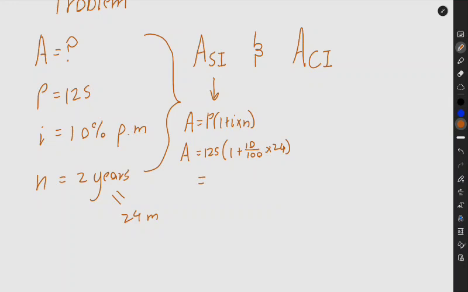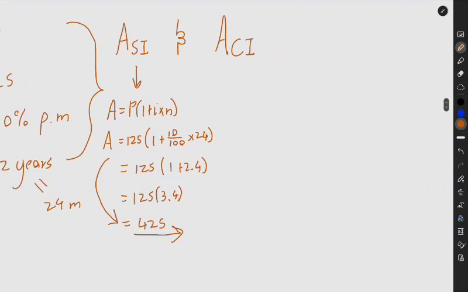That would give us an answer of 125 times bracket 1 plus 24 times 10 over 100, which is 240 over 100, which is 2.4. So we get 125 times 3.4, and that is equal to 425. Not bad, not bad. We've effectively tripled our original amount.